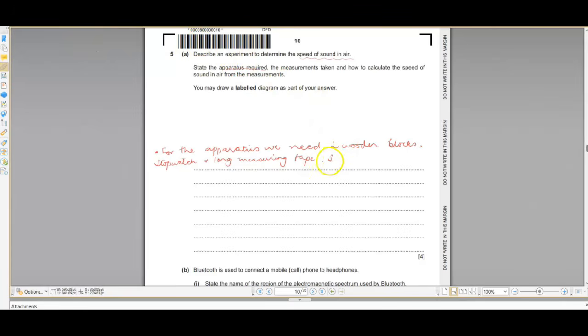Okay, number 1, stand at a measured distance, likely 50 meters, away from a large flat wall.